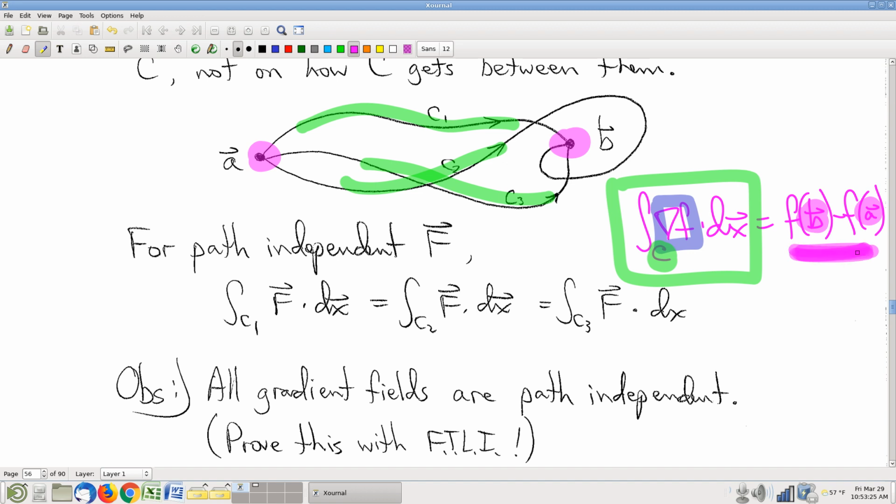Pick any curve, I don't care. Any curve at all that starts at A and ends at B. I can evaluate this gradient line integral as f of b minus f of a.